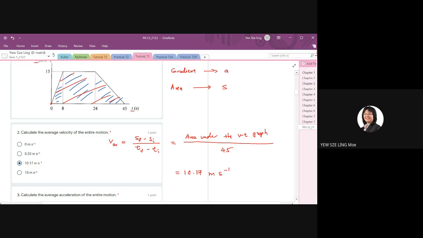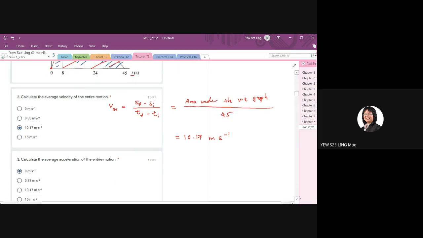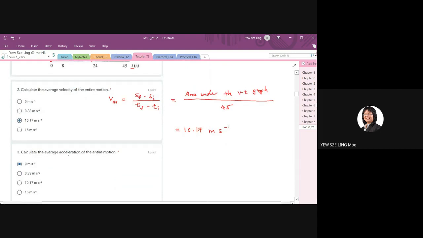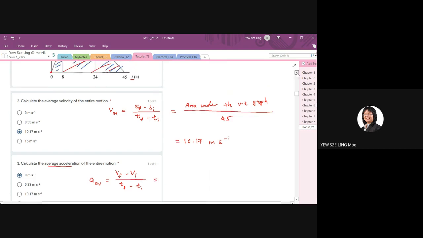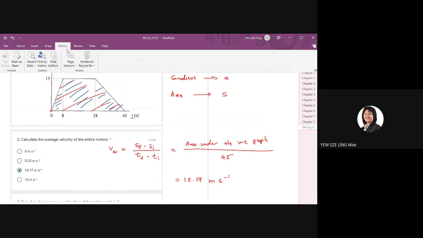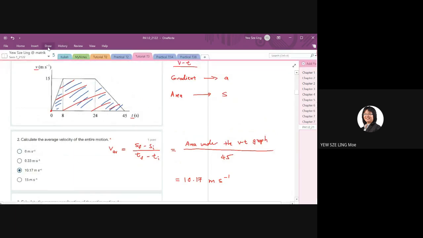So next question is tricky. Calculate the average acceleration. You have to recall the equation for average acceleration: it equals V final minus V initial divided by T final minus T initial. Now let's go back to the graph. Where is your V initial? The initial position is here, which equals 0 velocity.